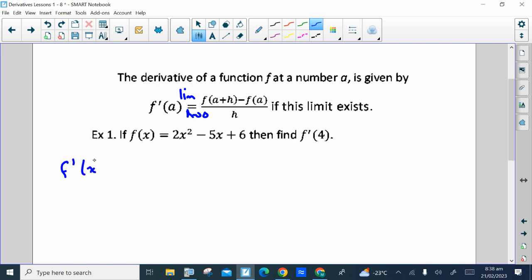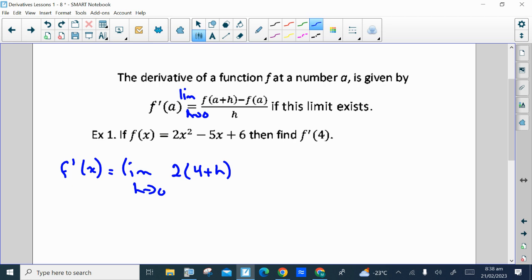So we'll write it as f prime x at first. So it'll be the limit as h approaches 0 of f at a plus h, and in this case here, the value of a is 4. So it'll be 2 bracket 4 plus, and instead of, well, I guess we'll use the variable h, might as well.